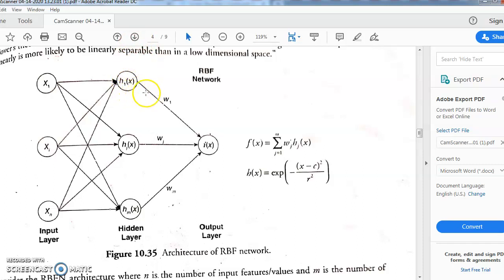So h of x into wi, and this is nothing but the neural network where we have seen our output is always a weighted sum of all the inputs.